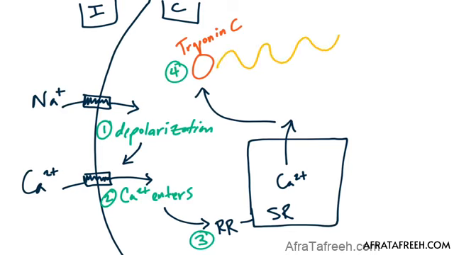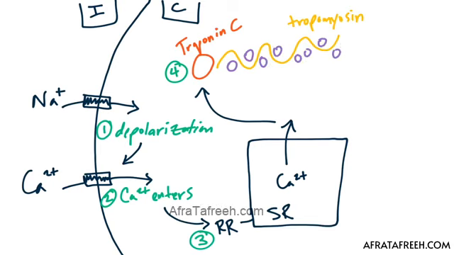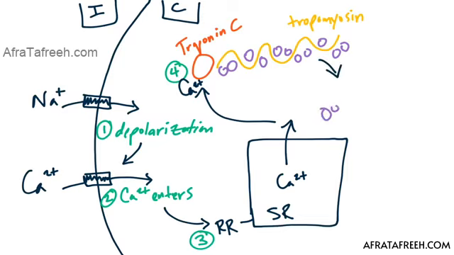This orange line I'm drawing in will represent tropomyosin, and the purple will represent actin. Remember that tropomyosin normally binds actin and prevents the myosin heads from binding to actin. So the important step here occurs when calcium binds to troponin C. When this occurs, the tropomyosin is released from actin.